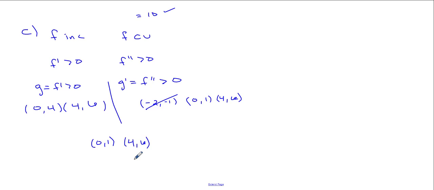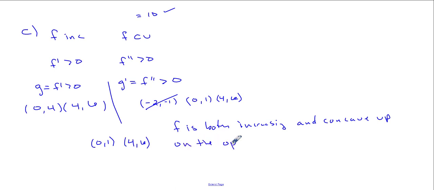Okay, now this is definitely a statement writing part. F is both increasing and concave up on the open intervals (0 to 1 and 4 to 6) because, and what am I going to write for my because?